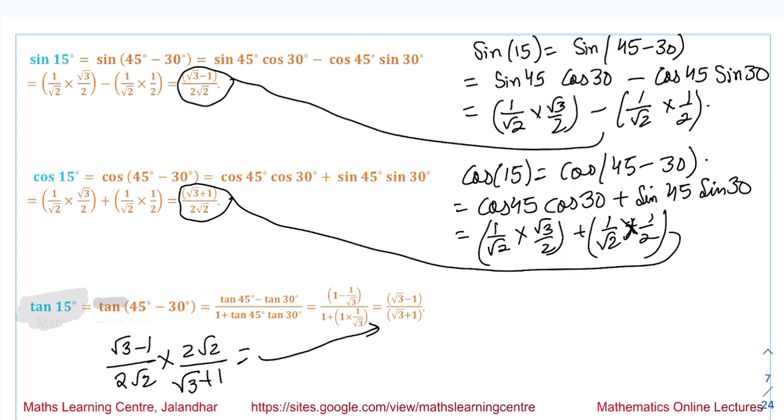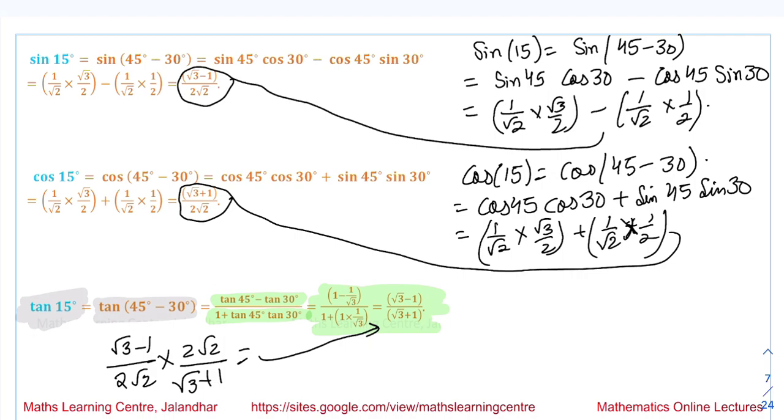The second method is we write it as tan of 45 minus 30. We apply the formula over here, tan theta minus phi over 1 plus tan theta tan phi, and on putting these values we will get the final answer in this form. So both these ways are correct. It is up to you how you want to calculate these values.